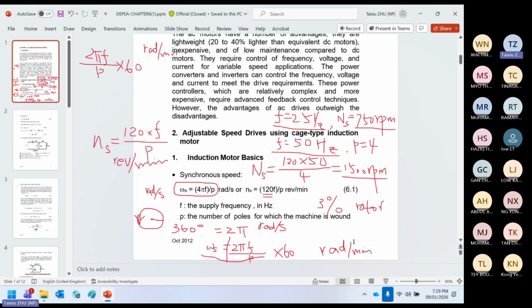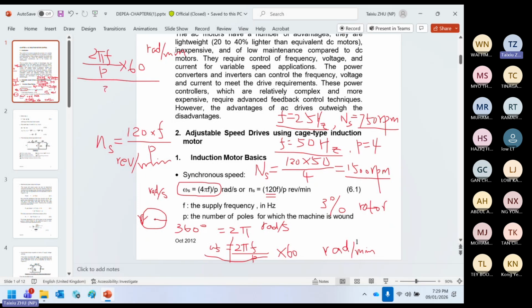But how to convert the radians into revolutions? Remember, one round is 2 pi, that's one revolution. So we simply divide this whole thing by 2 pi. Then we convert this into revolutions per minute, RPM. Then we do cancellation.